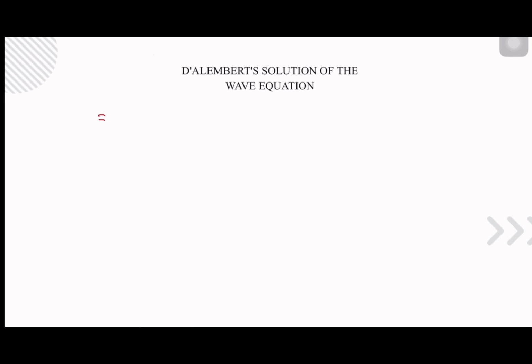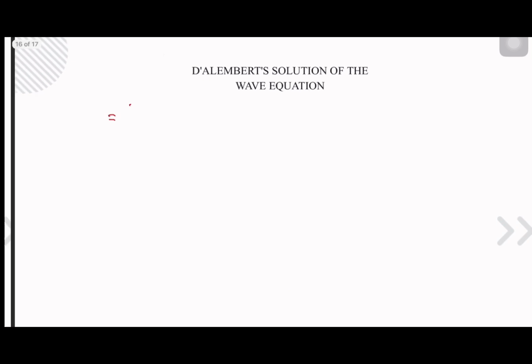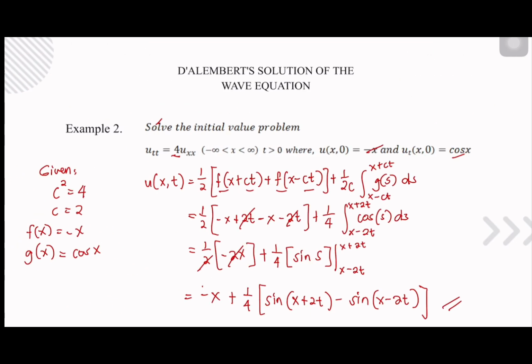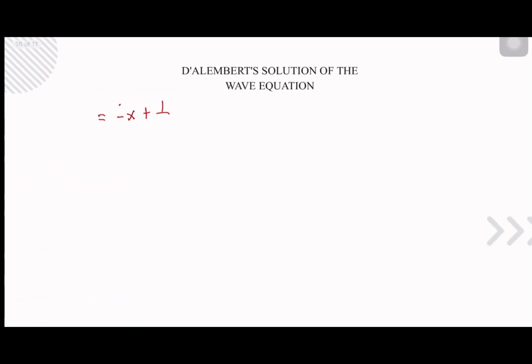Again, rewriting this formula, which is negative x plus 1/4 times sine of x plus 2t minus sine of x minus 2t.